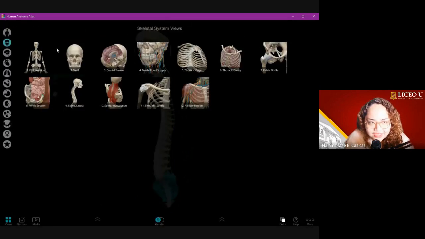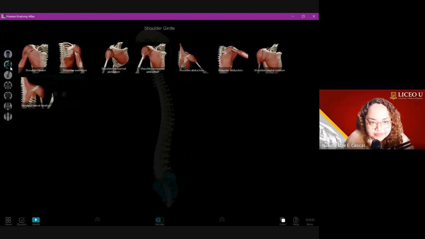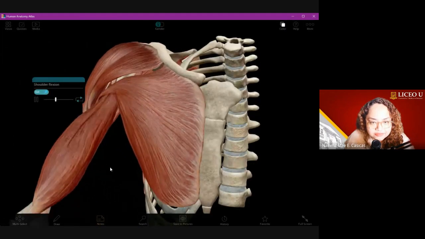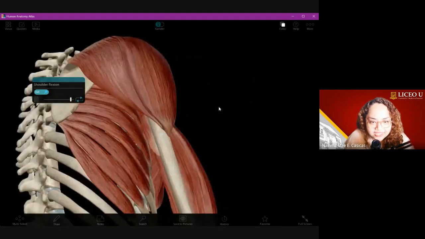Let's look at some media. Your synovial joints are able to move like this.